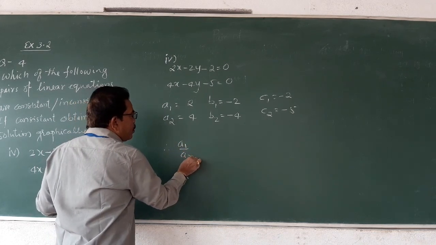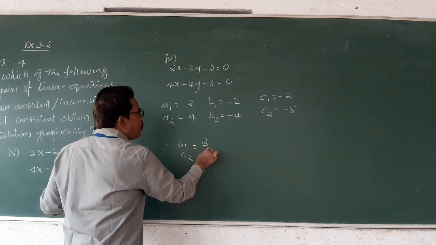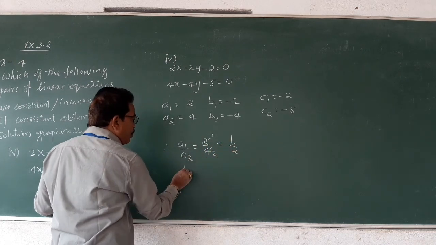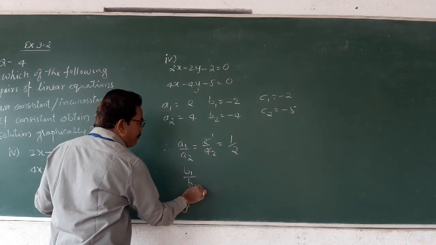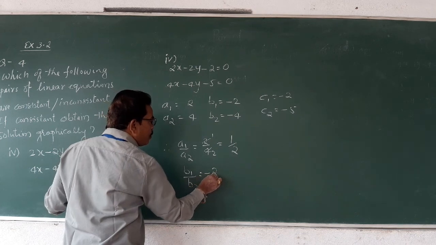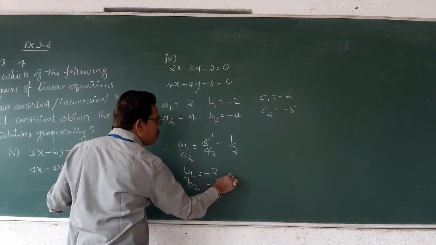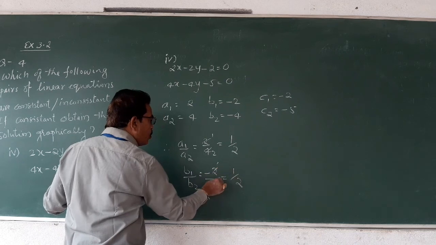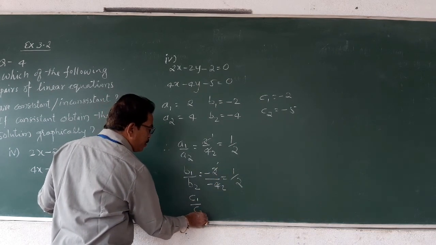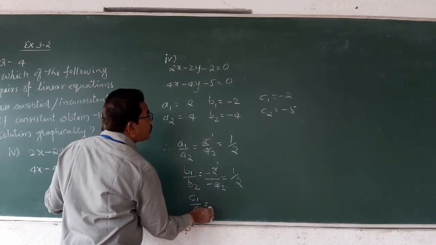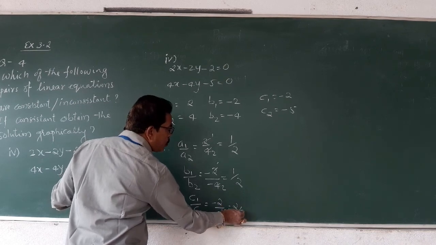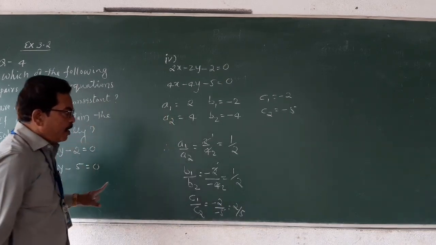a1 by a2 equals 2 by 4, that is 1 by 2. b1 by b2 equals minus 2 divided by minus 4, that is equal to 1 by 2. Then c1 by c2 equals minus 2 divided by minus 5, which is equal to 2 by 5.